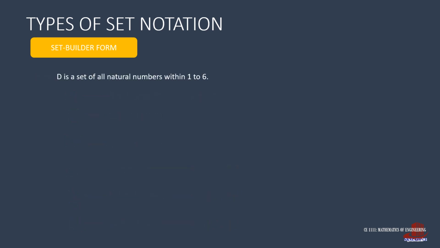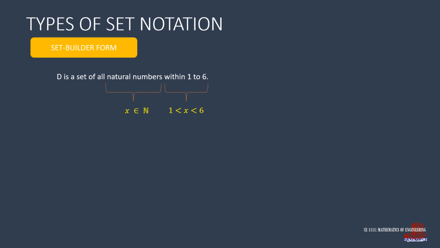An example of set builder form is written as D is a set of all natural numbers within 1 to 6. You can break down the descriptions and write them in mathematical expressions. First is natural numbers, that is shown as x belongs to natural numbers, given as N. The other description is within 1 to 6, which is written as x between 1 and 6.